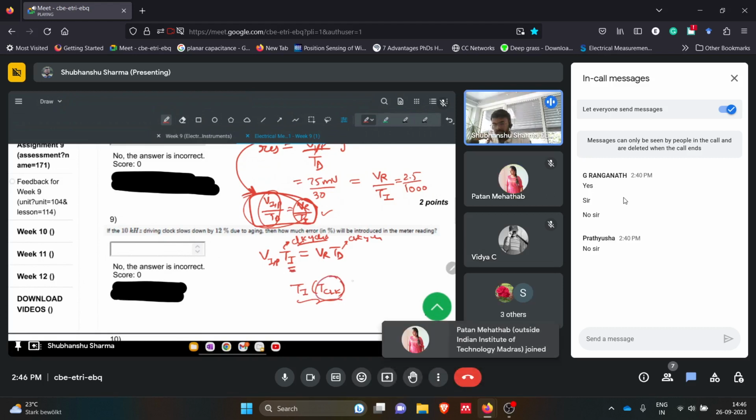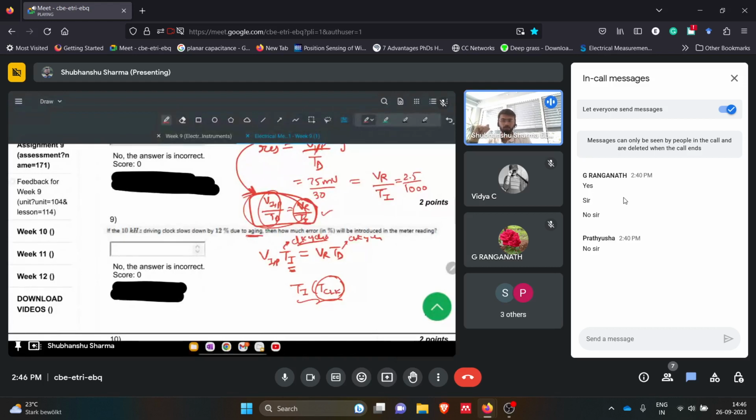So based on that, even if the clock gets aged by 12% or 20% or 30%, it will not affect the final output of this ADC, because we are not having this TCLK. It is cancelled at both sides. Since there's no presence of the clock time period there, we only have the number of cycles, so it will not matter whether the clock is aged or not.